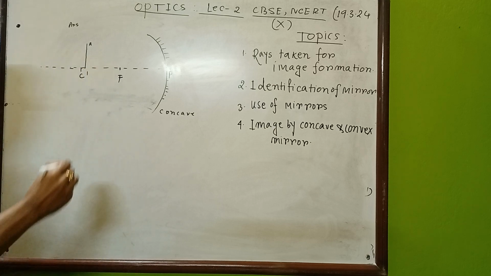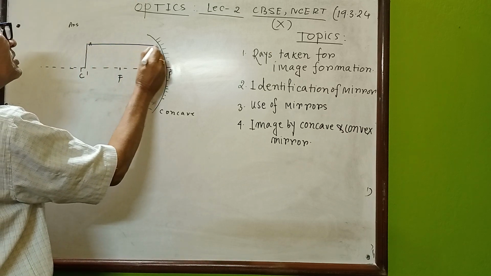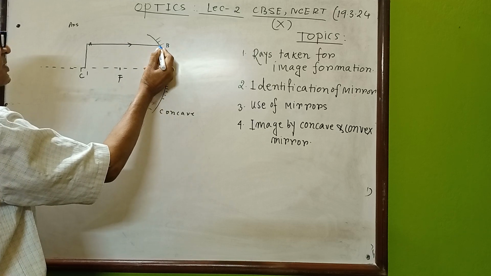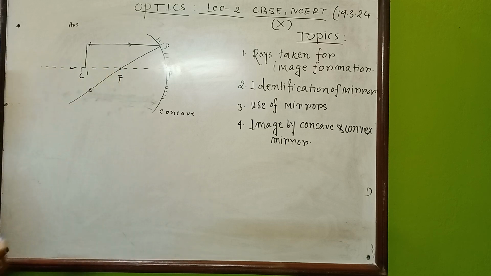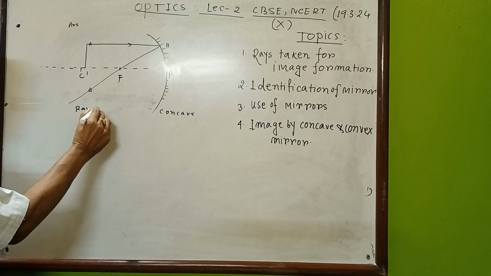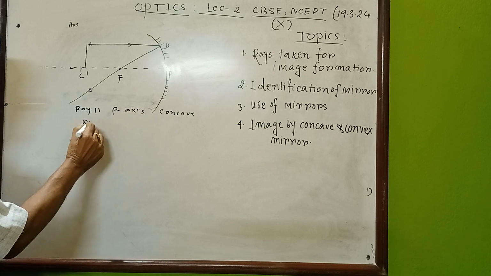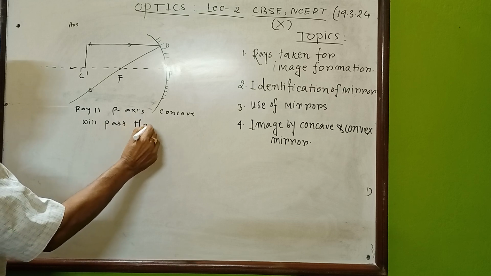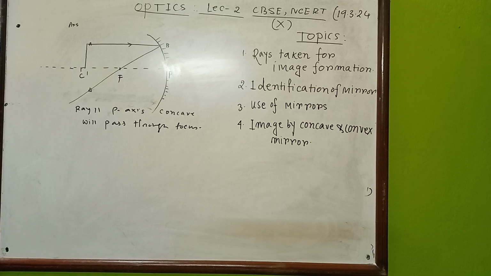Generally this concept you must use: any ray parallel to the principal axis, after deflection, will pass through the focus. This is the condition. A ray parallel to the principal axis will, after reflection from the concave mirror, pass through the focus. This is the one ray you must consider.